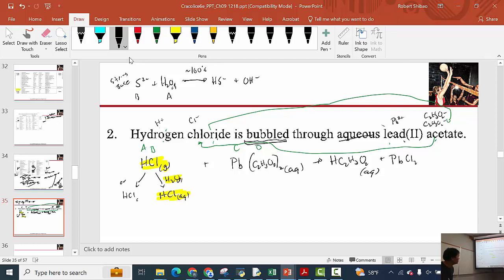Or leave it alone as hydrogen chloride gas, in quotation marks. Because what's going to happen is the HCl gas is going to react with water immediately. What's the strongest acid that can exist stable in water? It is hydronium, or H+.